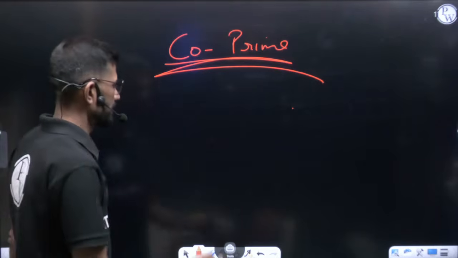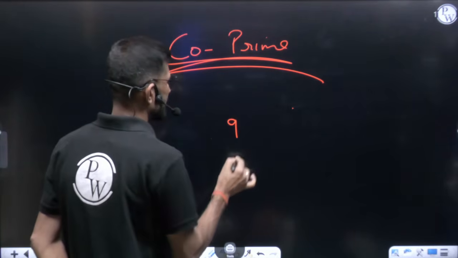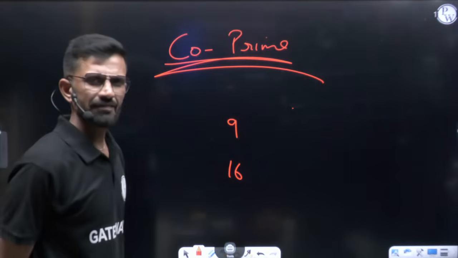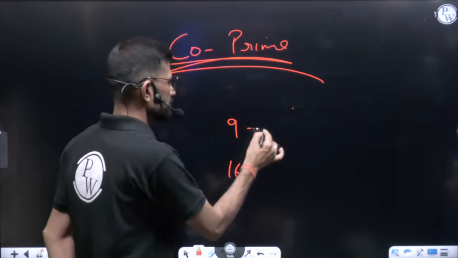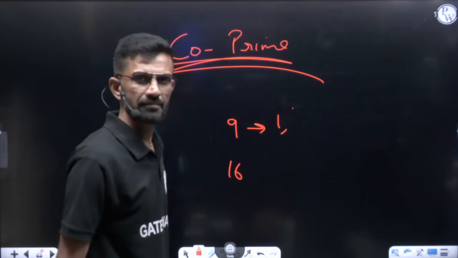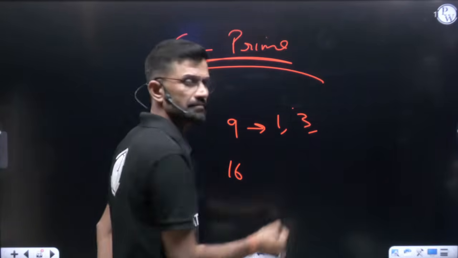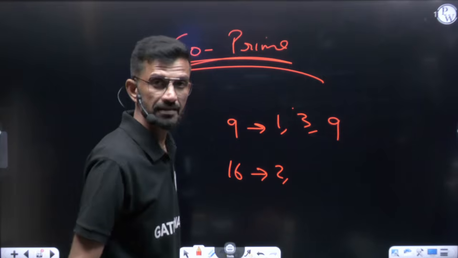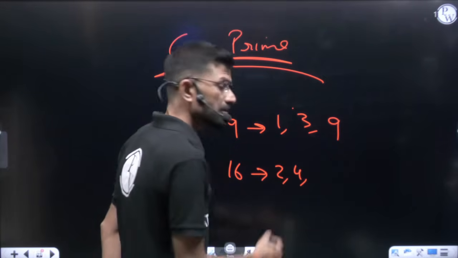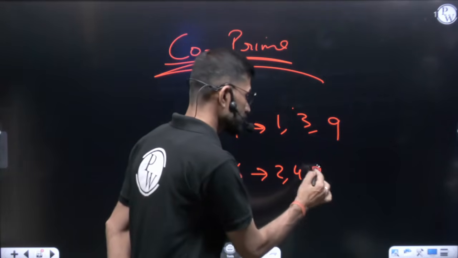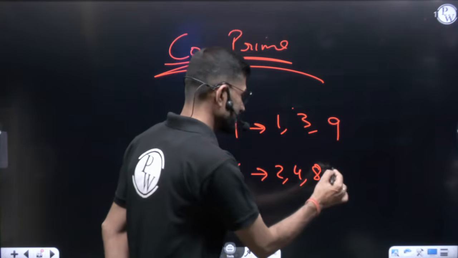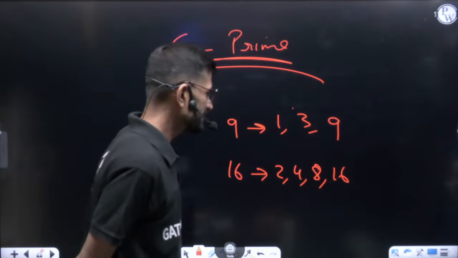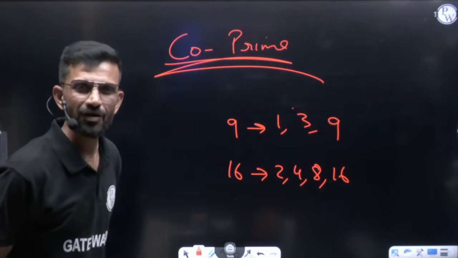For example, I am taking 9 and 16. What are the factors of 9? What are the numbers which can divide 9? 1 can divide 9. 3 can divide 9. 9 can divide 9. What are the factors of 16? 2 can divide 16. Further 4 can also divide 16. Further 8 can also divide 16. Further 16 can also divide 16. Am I right? So these are the factors of 16.